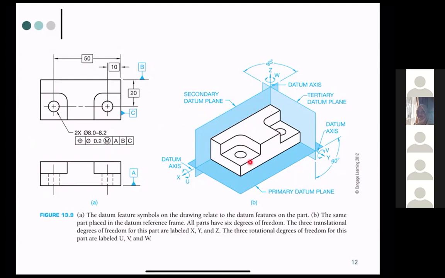So from over here we look from this point. We see that there is a part over here, and from the front we can also see the shape is like this, the same as this one.